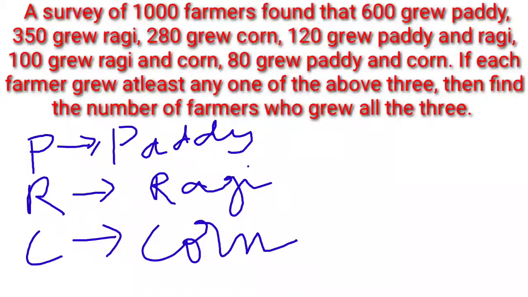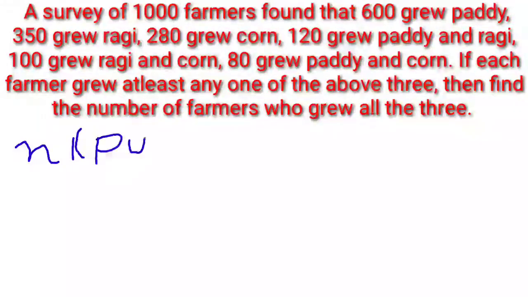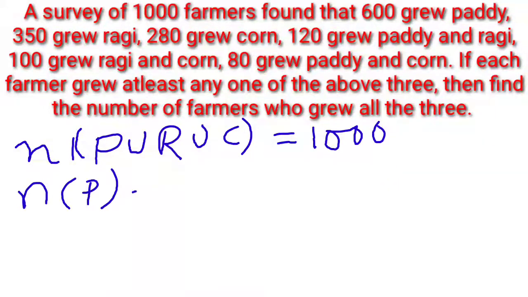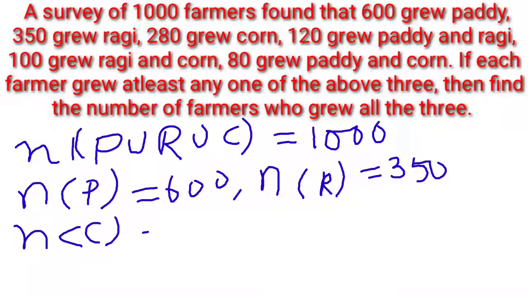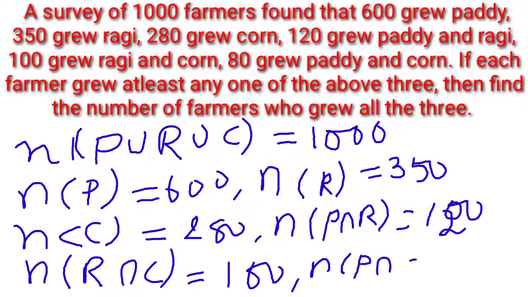What is the first one? n(P ∪ R ∪ C) = 1000, n(P) = 600, n(R) = 350, n(C) = 280, n(P ∩ R) = 120, n(R ∩ C) = 100, n(P ∩ C) = 80. These are all the given values.